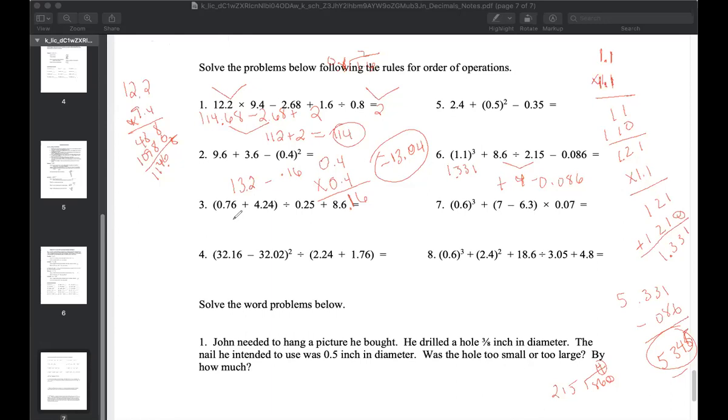So the answer is 28.6. Very good. 28.6 is your answer. We just write down the steps. Here we get 5, and we divided that by 0.25 to get 20 plus 8.6, which is 28.6. Very good. All right, Jules.